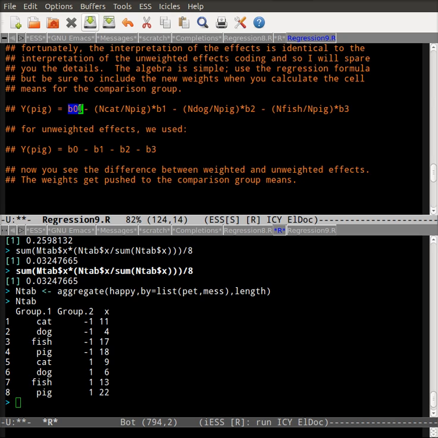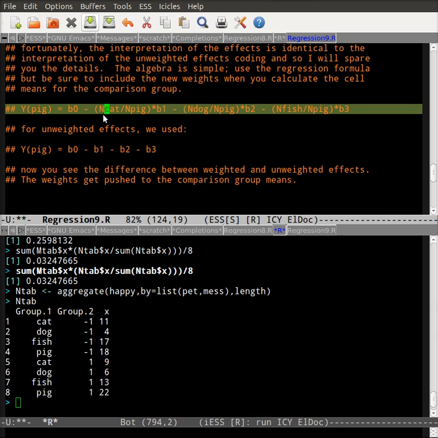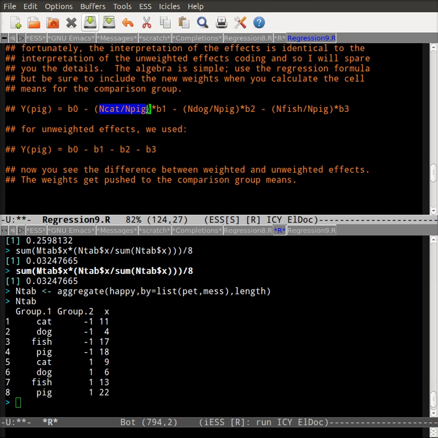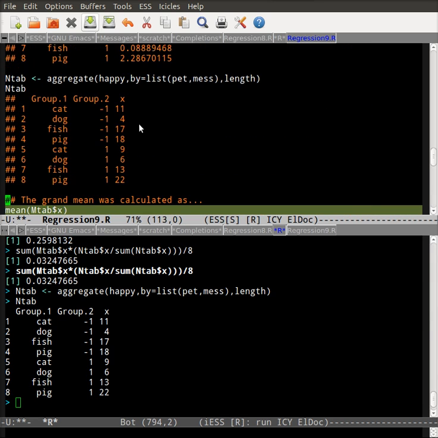We're going to take our intercept and we're going to subtract out B1, B2, and B3. These are our effects codes, but you notice that here now I've got the sample size for cat over the sample size for pig, that ratio, because this ratio here is the weight that is being used.